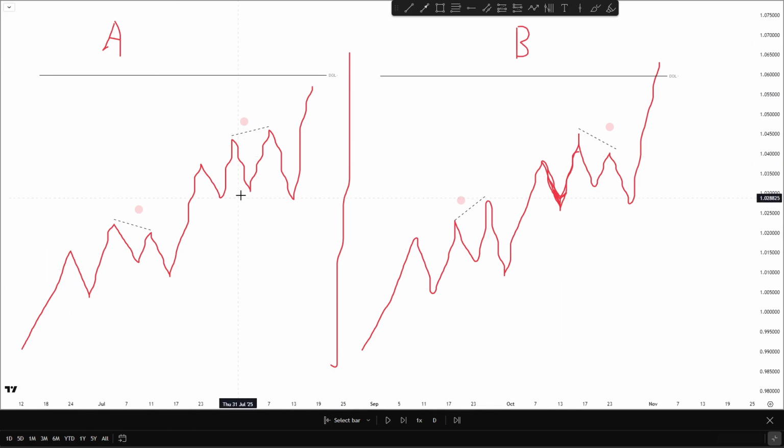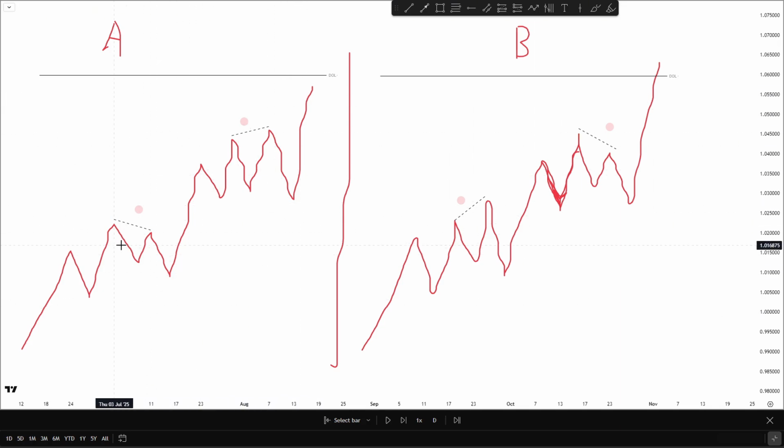Now right here you can see that we have these two SMT divergences between these two correlating assets. Even though asset A failed to take out this high, whereas asset B took out the high, which led to the SMT divergence, this wouldn't have been a high probability or correct SMT divergence because it's not aligned with the higher time frame directional bias.